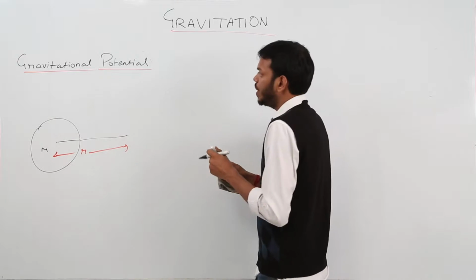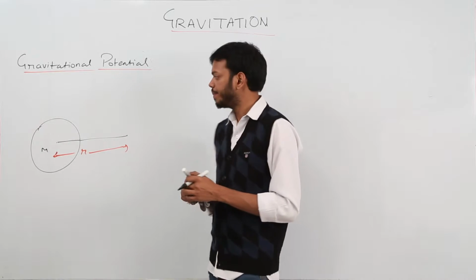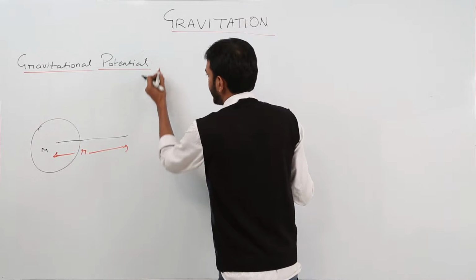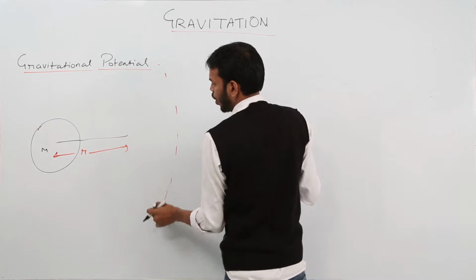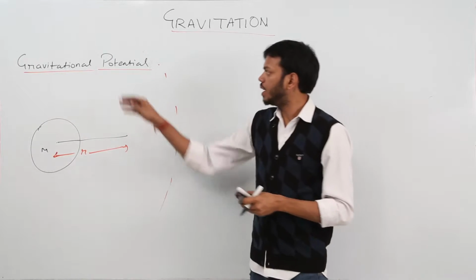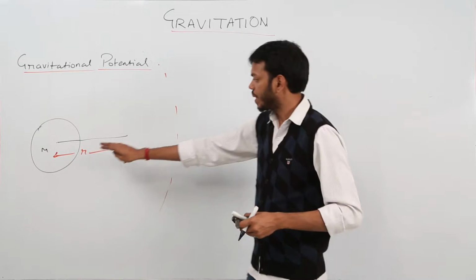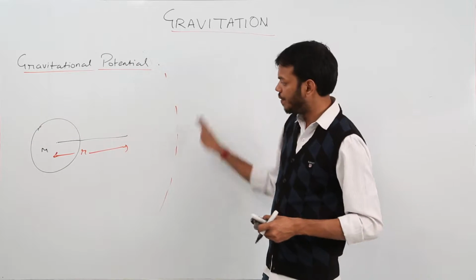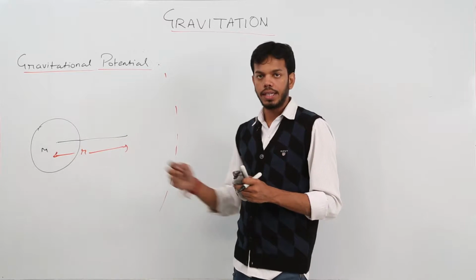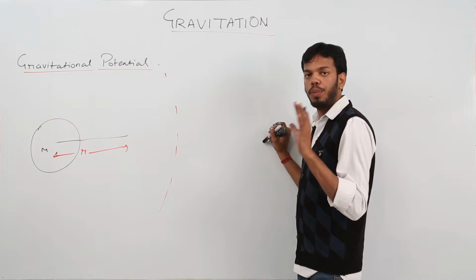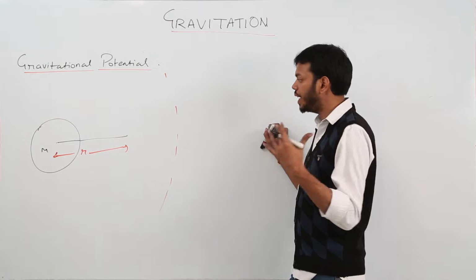Now, what do we mean by gravitational potential? Gravitational potential due to a body at a point in the gravitational field is defined as work done in bringing a body of unit mass from infinity to that point.